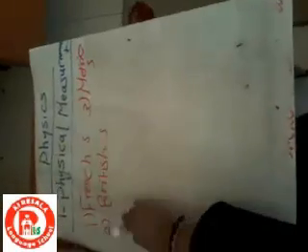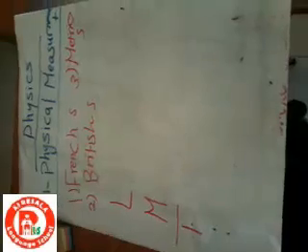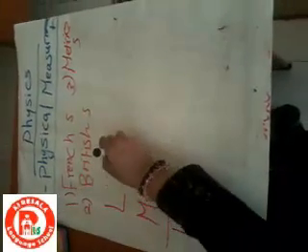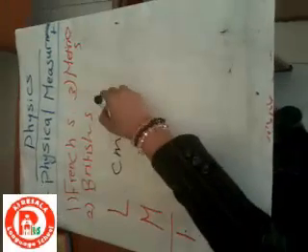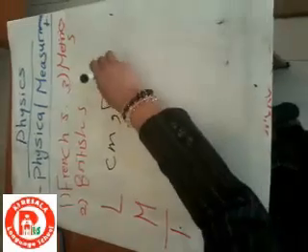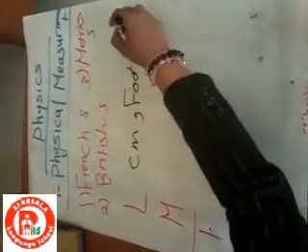We have length, mass, time. By the French system, the measuring unit of the length is centimeter. In the British system, the measuring unit is a foot. And finally, in the metric system, the measuring unit of a length is meter. In mass, by the French system, it is a gram.